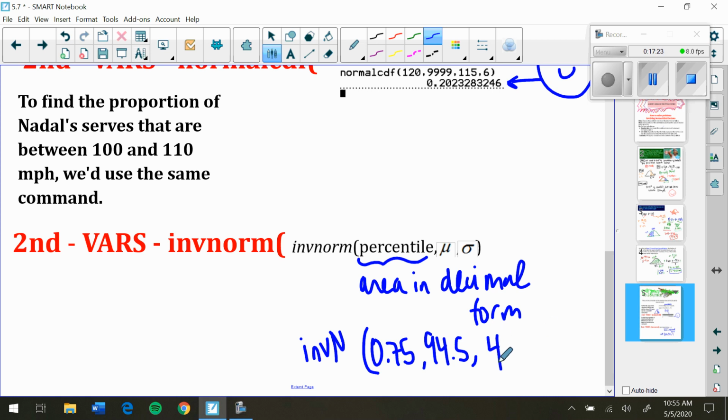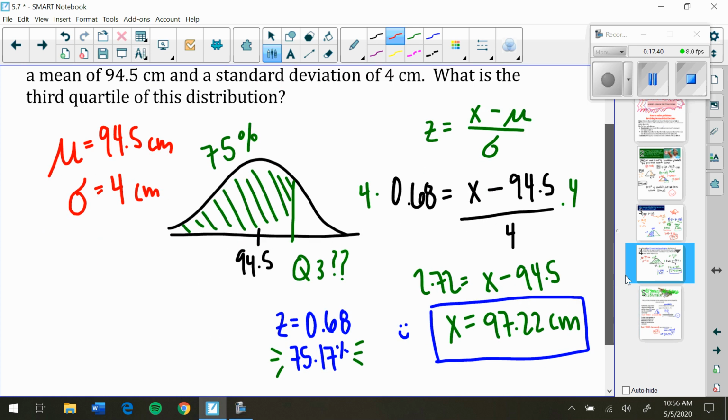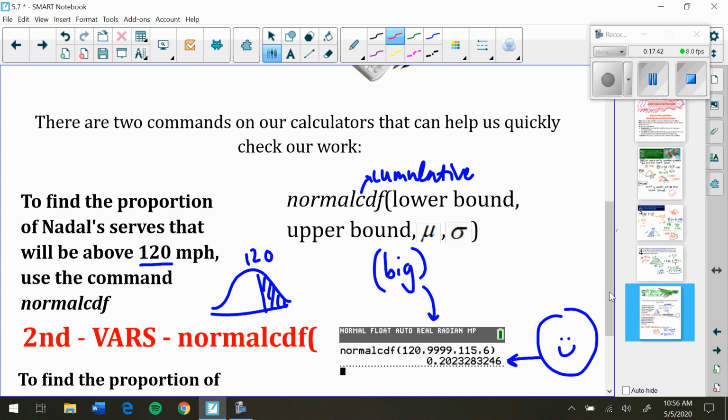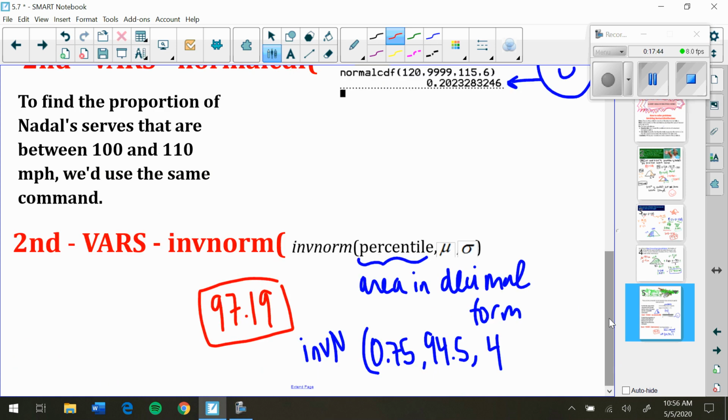So I'm doing this right now with my calculator. I, of course, wish I could show you it on the screen, but I can't, and I'm sorry. But when I click this, I get 97.19, which is a slightly different answer. We got 97.22, but I would argue 97.19 is very, very close to 97.22.